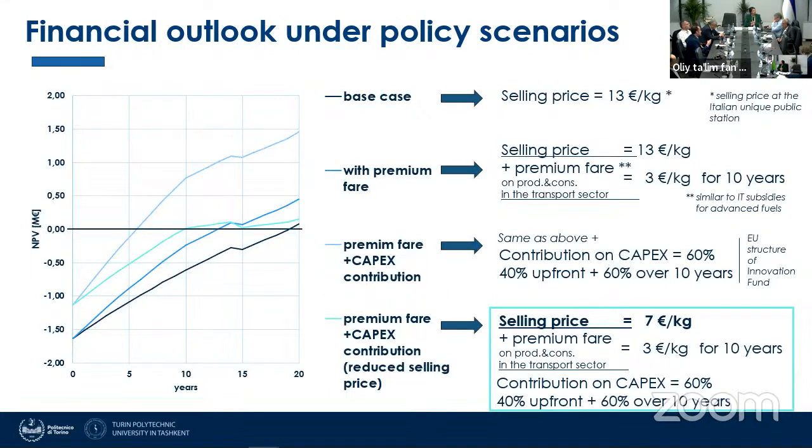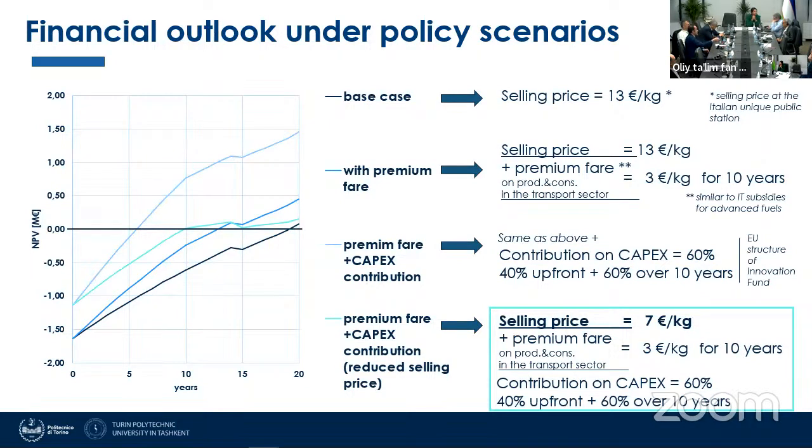And we started drafting some financial outlook just to simulate some policy scenarios. The first is not a policy scenario actually, it is just selling at 13 euro per kilogram, around the cost of production, and this of course gives a net present value of 0 after the end of life, as a definition.